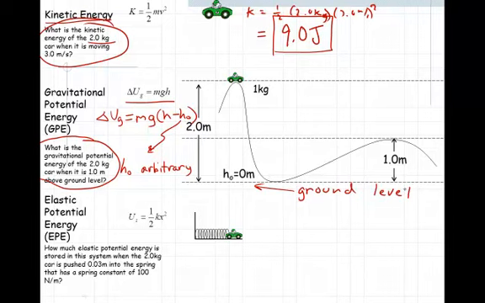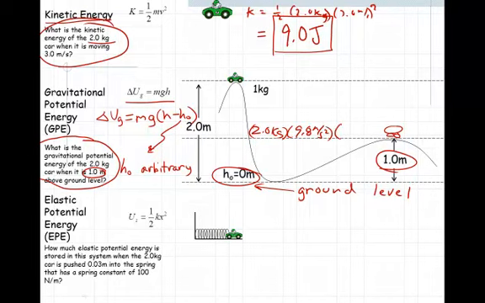So if we assume that h initial is at ground level, then our 2 kilogram car, which would then be here, would be obviously 1 meter above ground level, just like the problem says. So we would take m, which is the mass, 2 kilograms, multiply it times 9.8 meters per second squared.